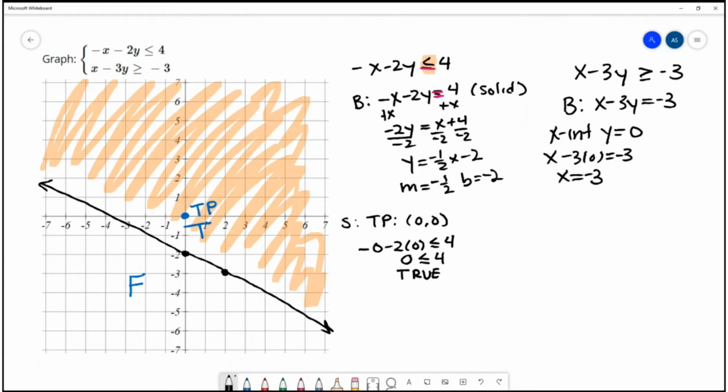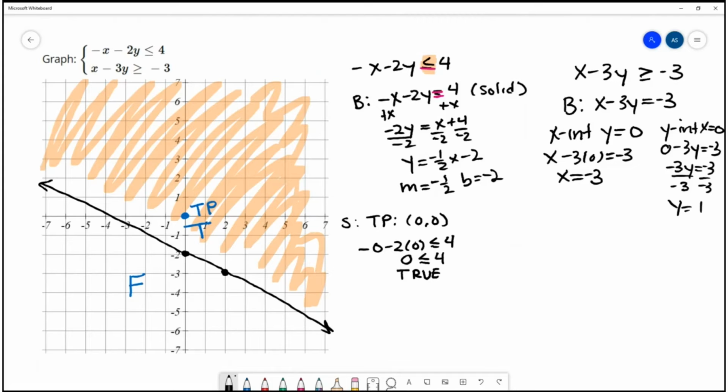There's my x-intercept. To find the y-intercept, I let x equal 0. I have 0 minus 3y equals negative 3. Negative 3y equals negative 3. Divide by negative 3. And y equals 1. So a y-intercept of 1.